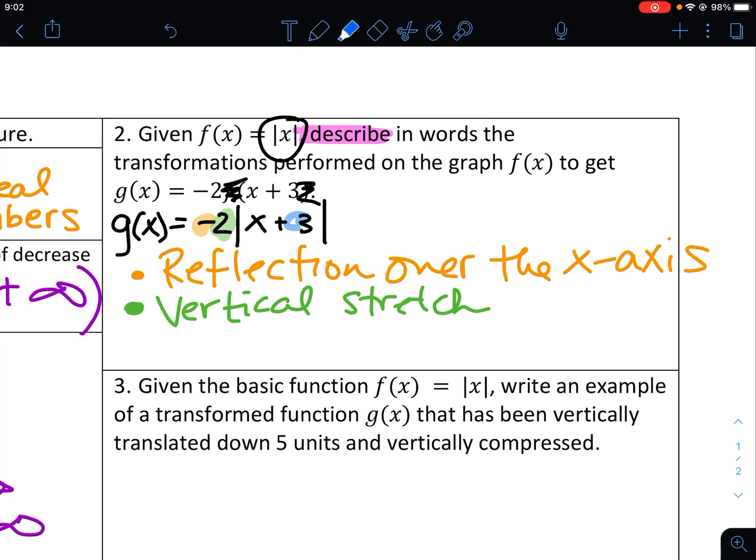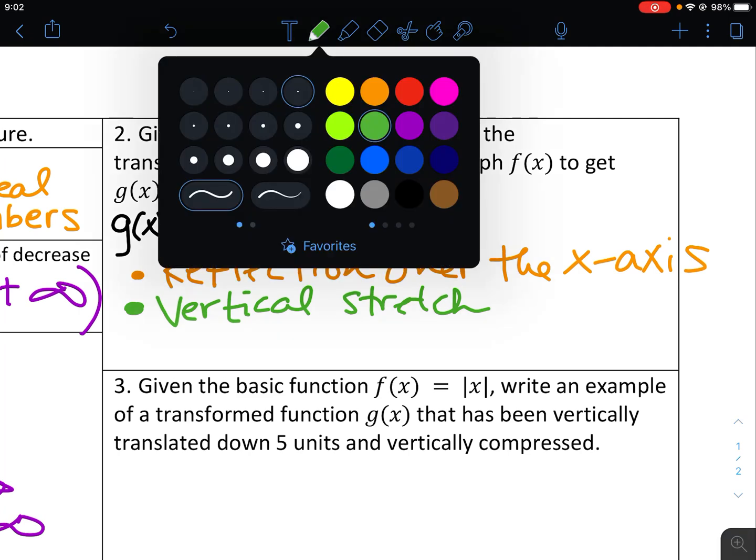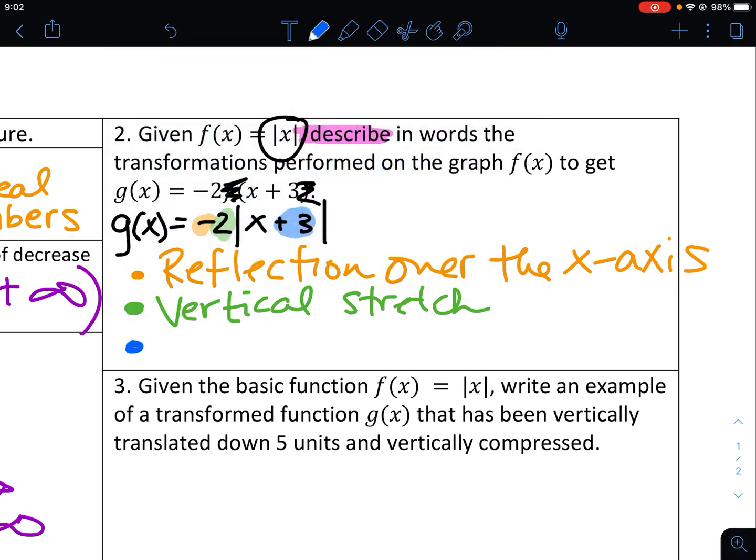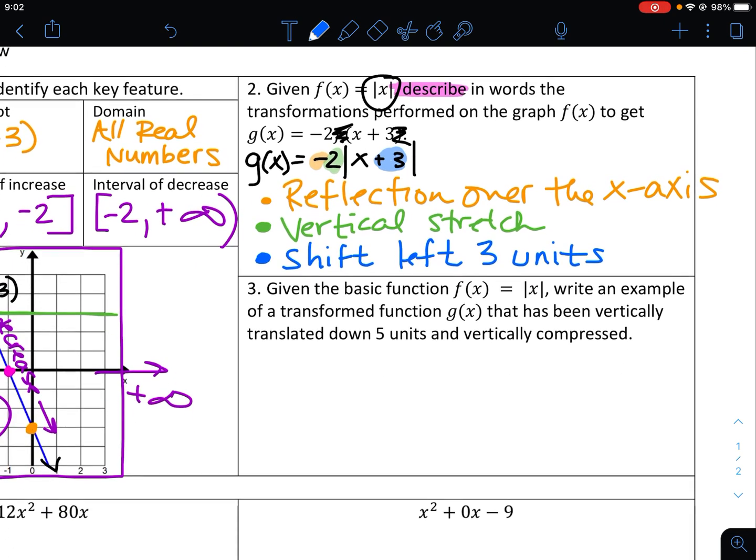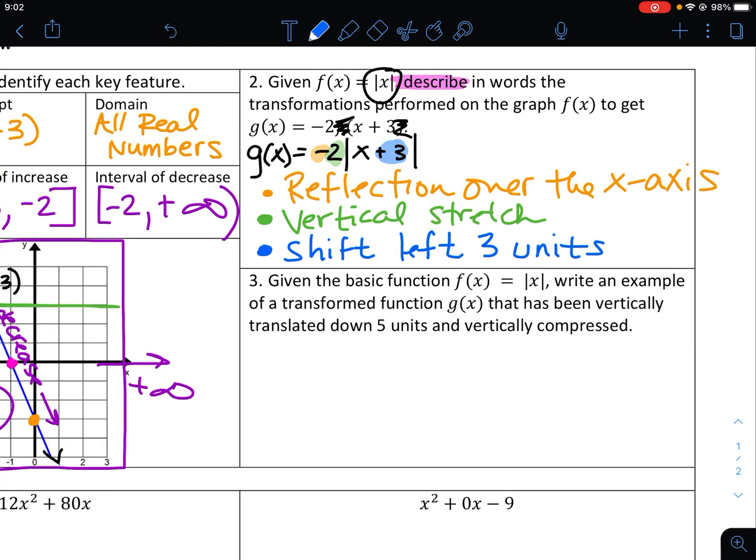Remember, anything on the inside attached to the x value is in the x direction, but the x direction always takes on the opposite sign. So instead of moving in a positive direction, it's a negative direction, which for the x values is a left direction. So we're going to shift left 3 units. And that's it. There's nothing else different about our function from the parent function, so those are our 3 transformations.